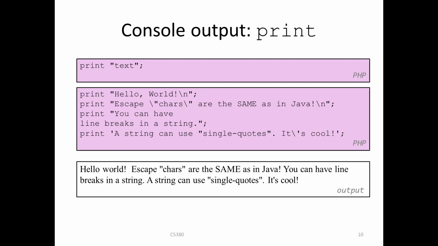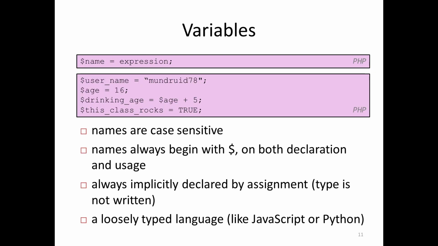I can write print and then print out a lot of different things. Variables in PHP start with a $ sign, and they are not declared; they have a dynamic type. They don't have a strong type. Because it's a scripting language, like many scripting languages, PHP is a loosely typed language.